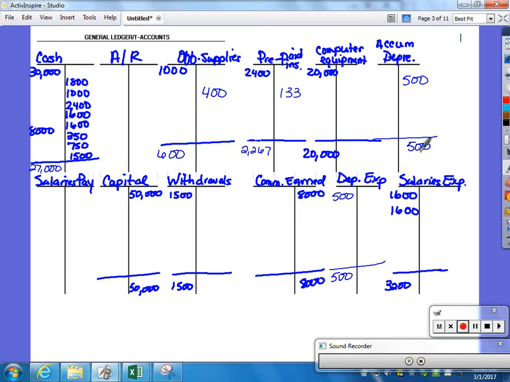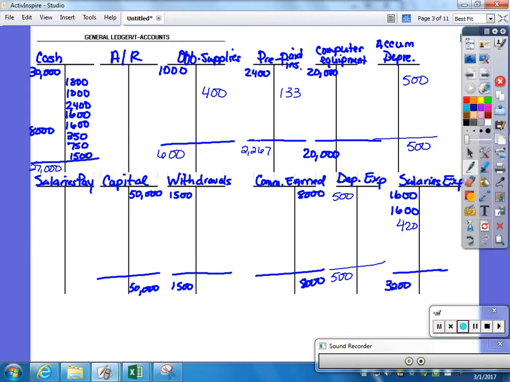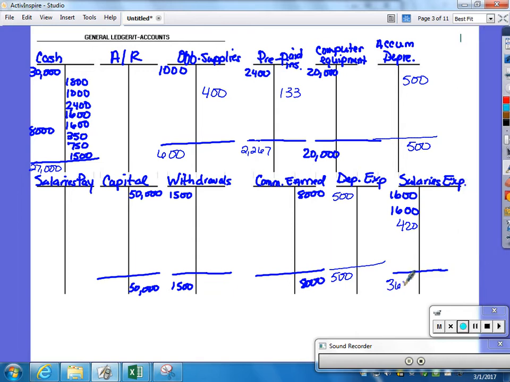Salaries expense increases by 420, which means the new balance should be what? Salary expense, okay. And salaries payable increases by 420 on the credit side, which means its new balance is 420.